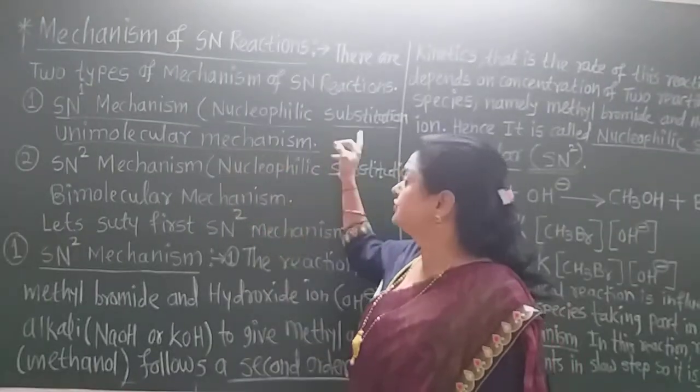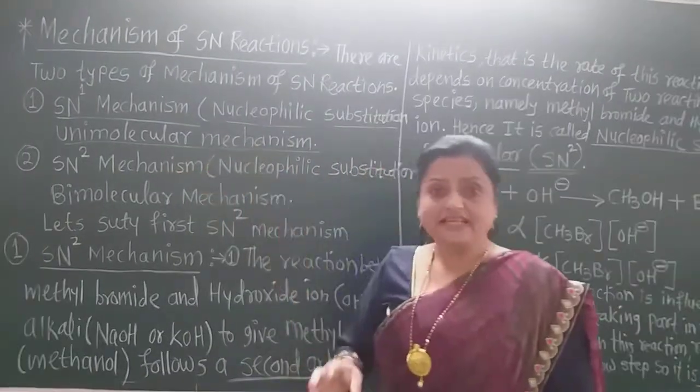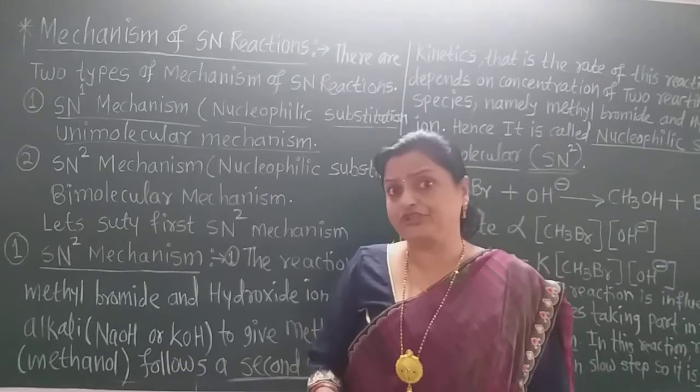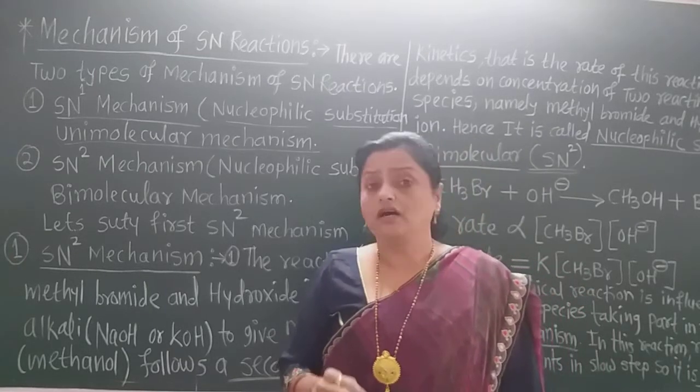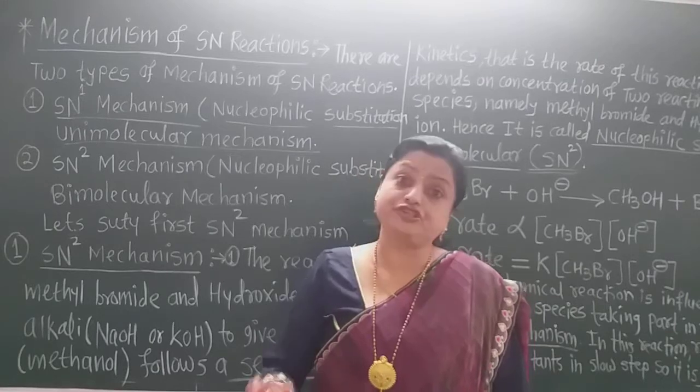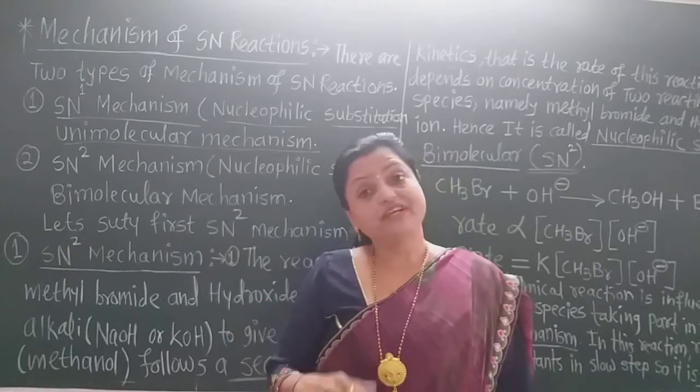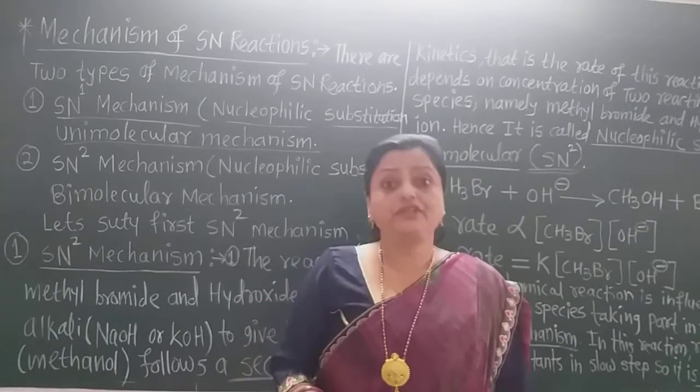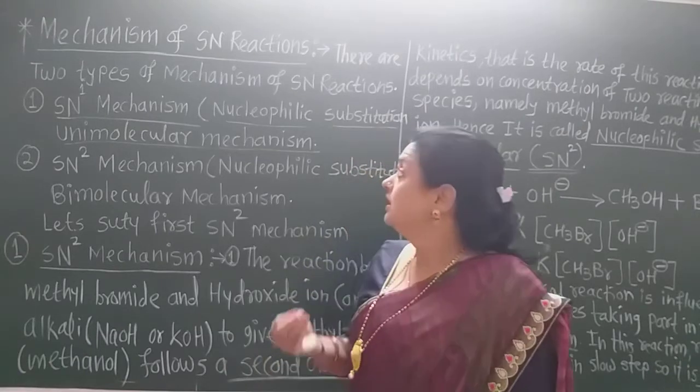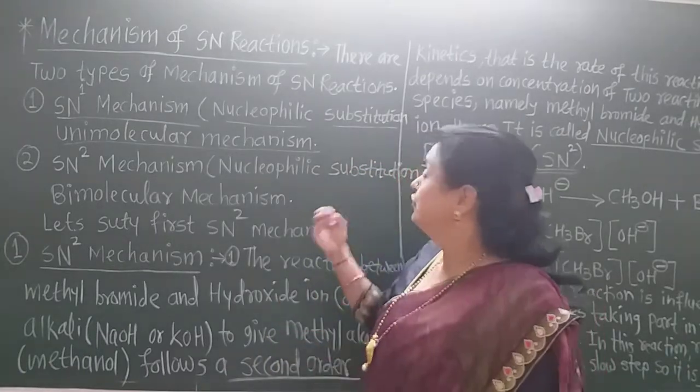So nucleophilic substitution unimolecular means it is definitely a nucleophilic substitution. Now you very well understand what nucleophilic substitution is. In the last two lectures we clearly gave you the information about nucleophilic substitution.